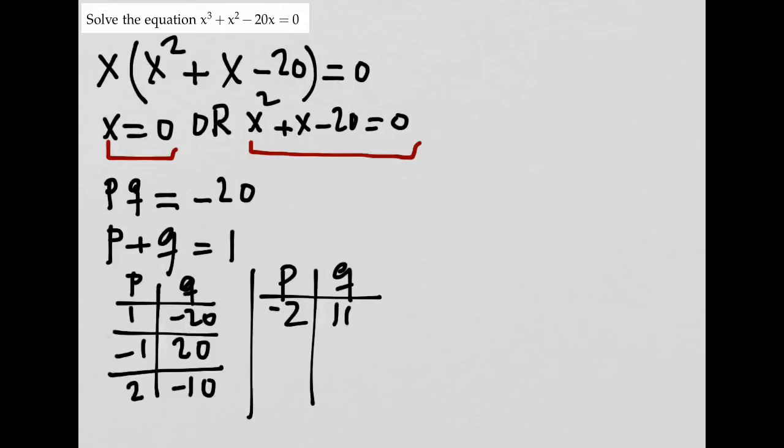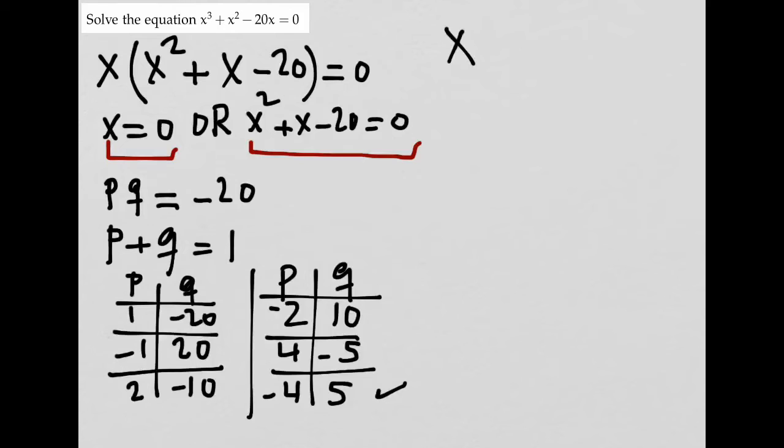Negative 2 and 10 doesn't work. They do not add up to 1. The next factor is 4, so what about 4 and negative 5? Doesn't work. However, negative 4 and 5 do work. They multiply to minus 20 and add up to 1.